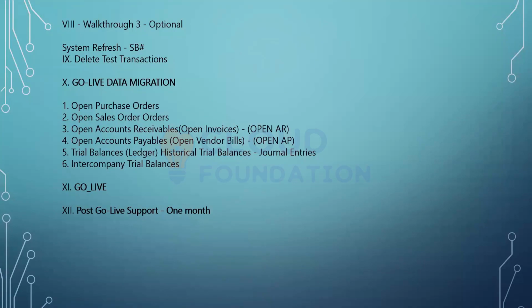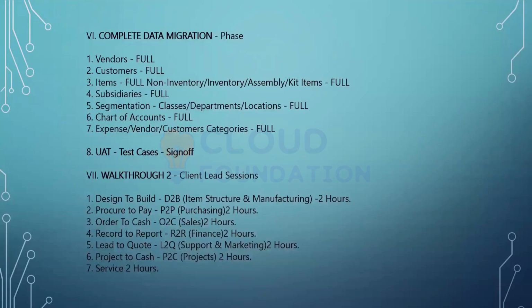So after that is done, there is a go live data migration which has to be done. What is a go live data migration? Till here, whatever we've done is the master data imports: customers, vendors, items, subsidiary segmentation, chart of accounts, expense categories, vendor categories. All these things are your data migration masters.